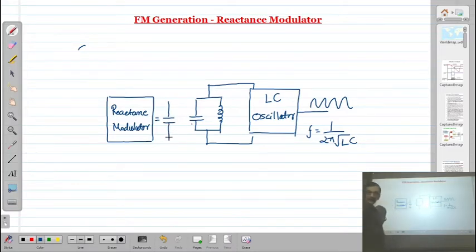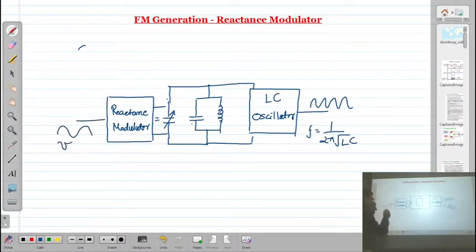Remember, either it will work as a capacitor or it will work as an inductor. And this capacitor, or we can say the output of the reactance modulator, is connected to this tank circuit. The value of this capacitor is going to change as the reactance of the modulator changes. And how does the reactance of the modulator change? As my modulating signal Vm changes.